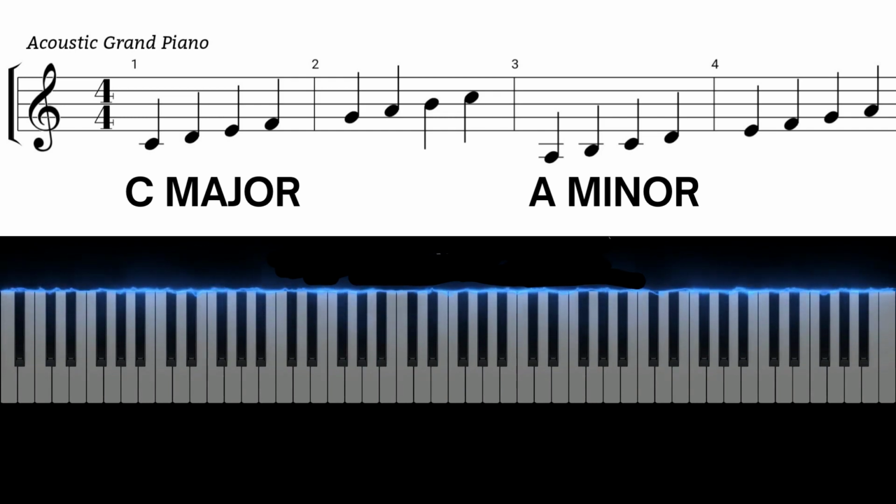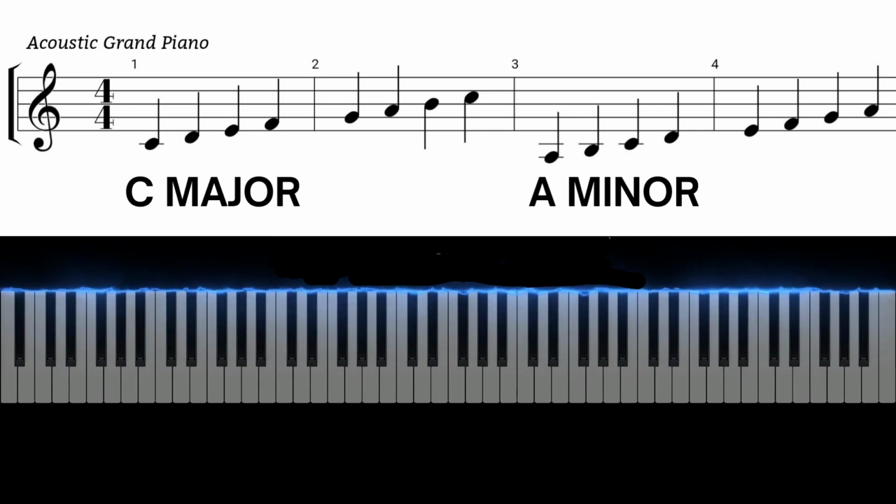There aren't any accidentals. They share this common bond, so in essence, A minor is exactly like C major, except they start on different notes. But they both use all the same notes.